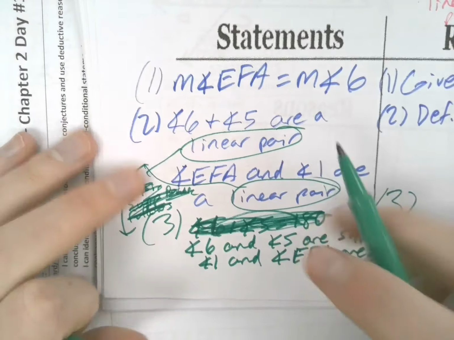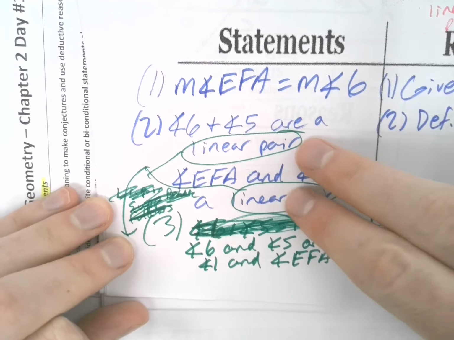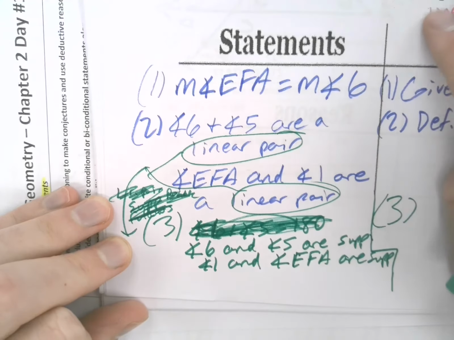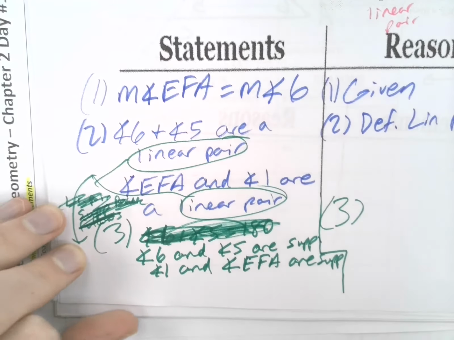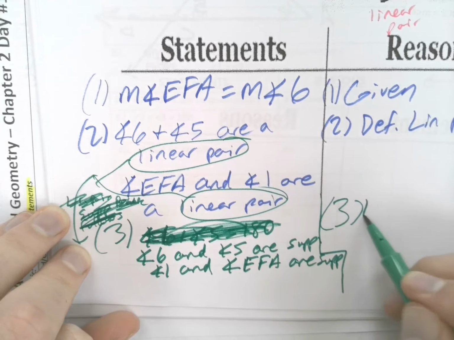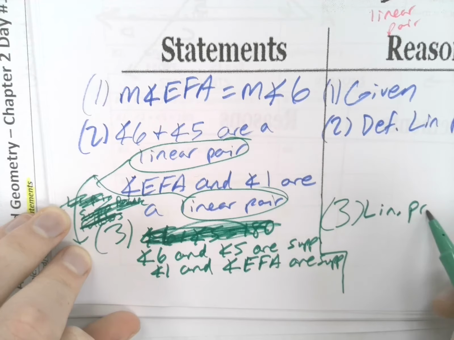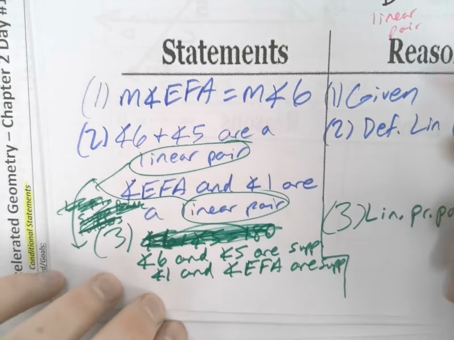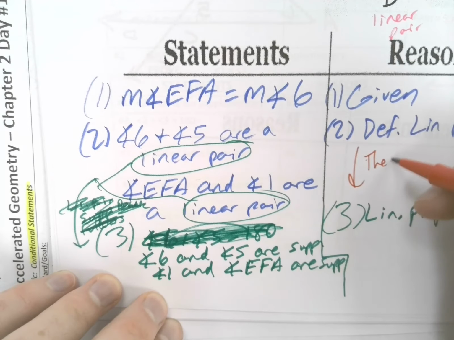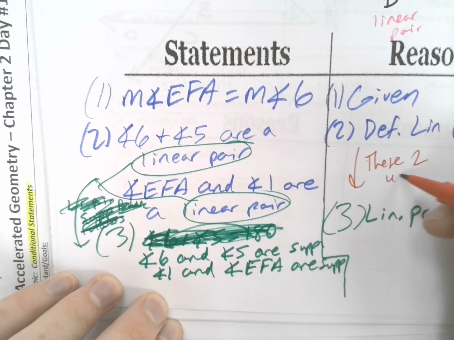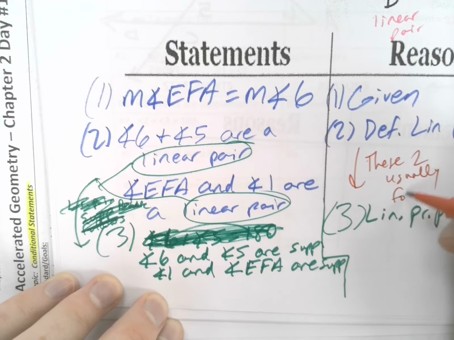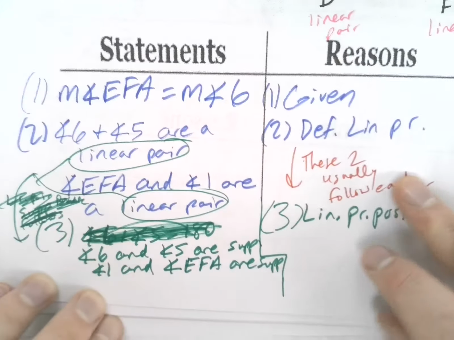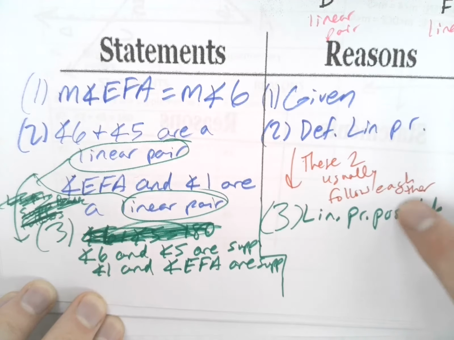So again, guys, anytime you have linear pairs, that almost always leads right into having them also being supplementary if they're next to each other. Okay, and what lets us say that? Well, that's based off of the good old-fashioned linear pair postulate. And I'll remind you, these two usually follow each other.